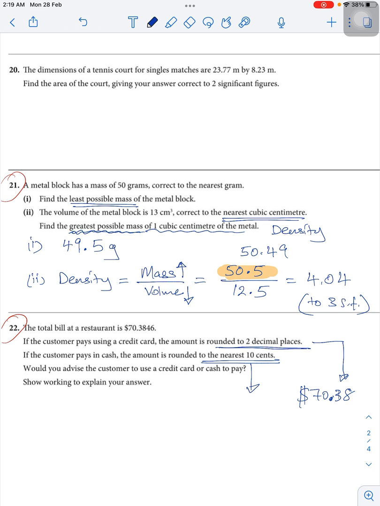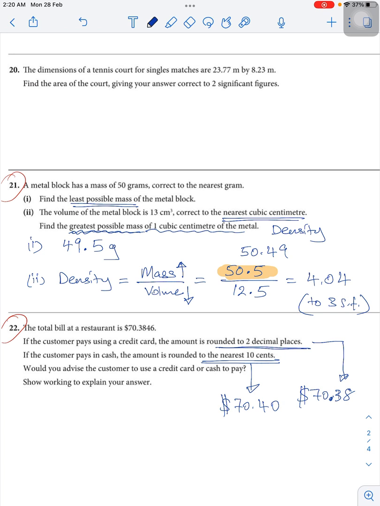Whereas if it's cash and it's to the nearest 10 cents, okay, so in this case, that will be 70.40.